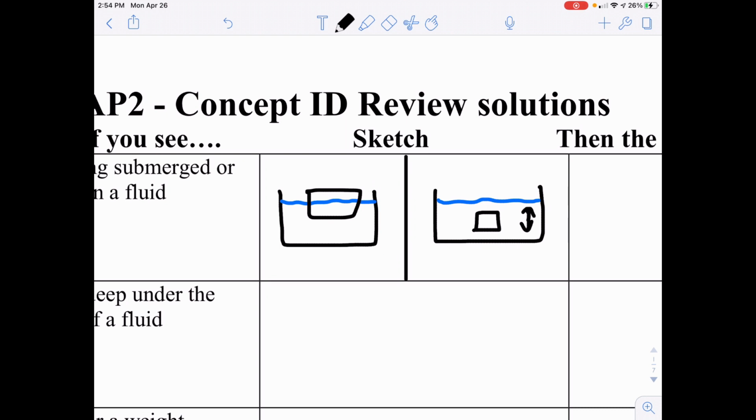But in either case, you have to know that the weight of the object still goes down, and the buoyant force still goes up. And that's true in both cases. Weight goes down, buoyant force goes up.